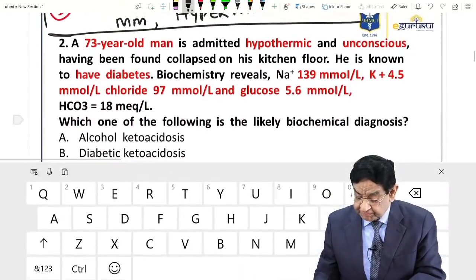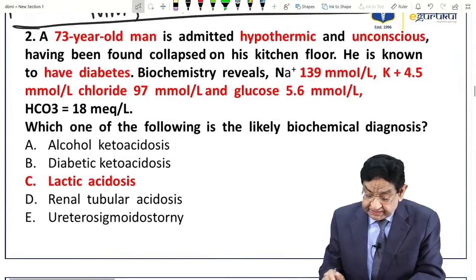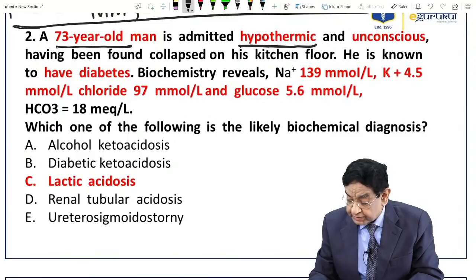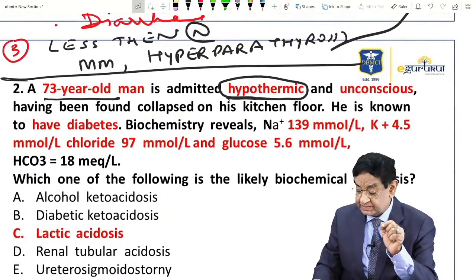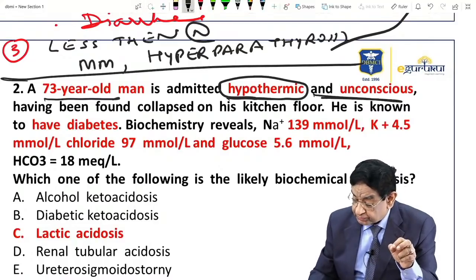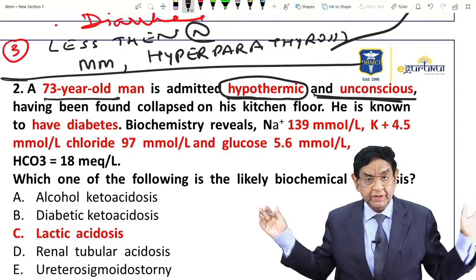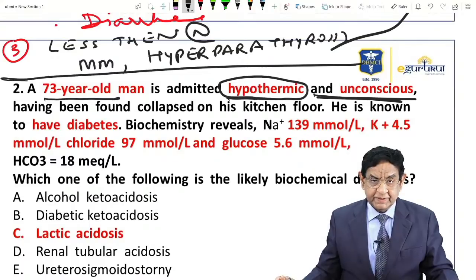Look into this beautiful question. Lovely question this is. We are getting a 73-year-old man. He is hypothermic. Hypothermia classically occurs with unconsciousness also. Of course, if the patient is exposed to severe cold, that can lead to hypothermia.